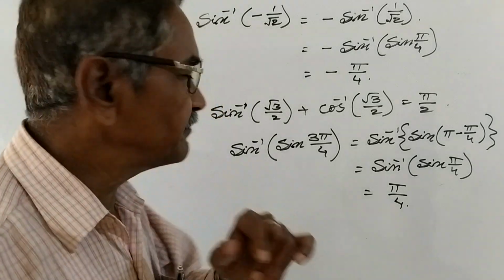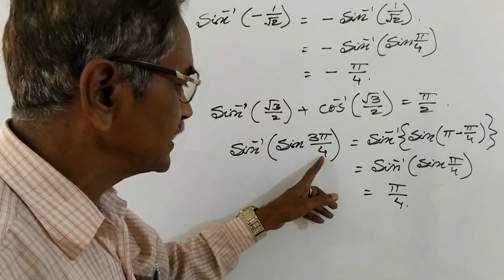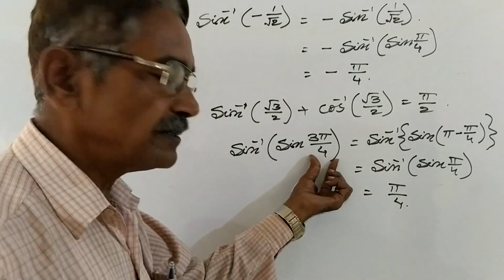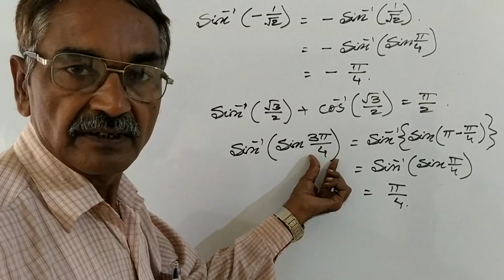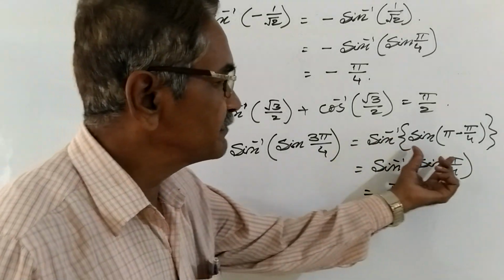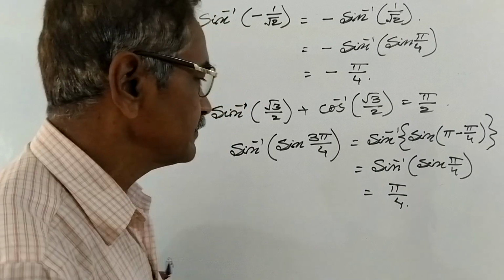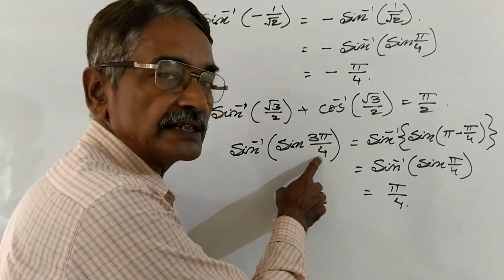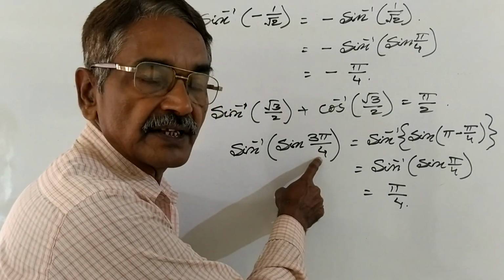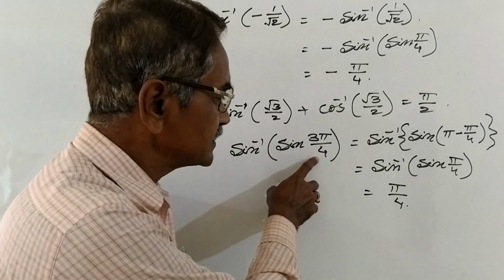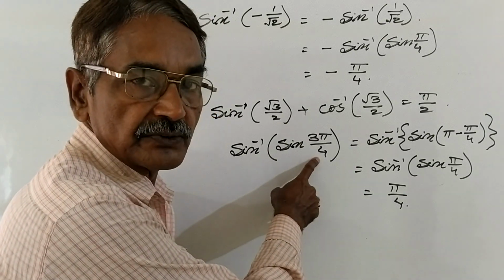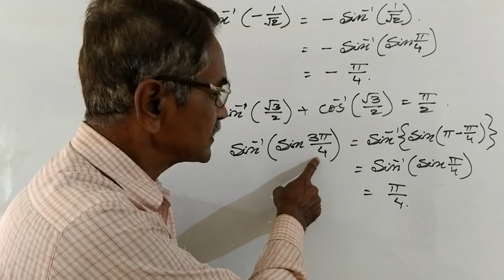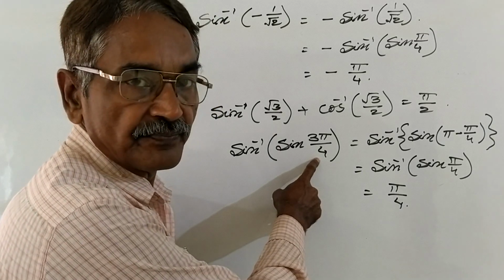But using the direct formula sine inverse sine theta equals theta will give you the wrong answer. Why do you have to shift in this way? Because it is beyond the limit. The limit for sine inverse is minus pi by 2 to pi by 2 and it is not lying within that value.